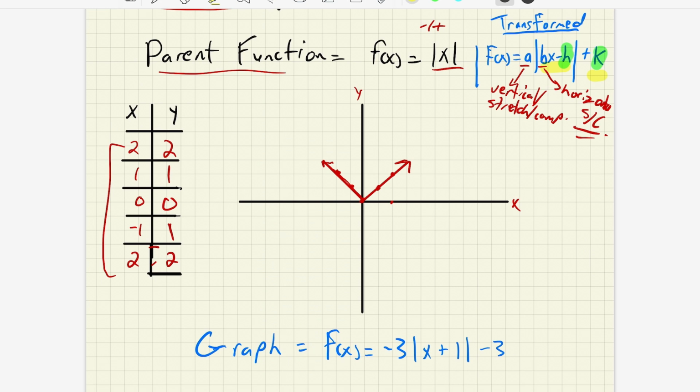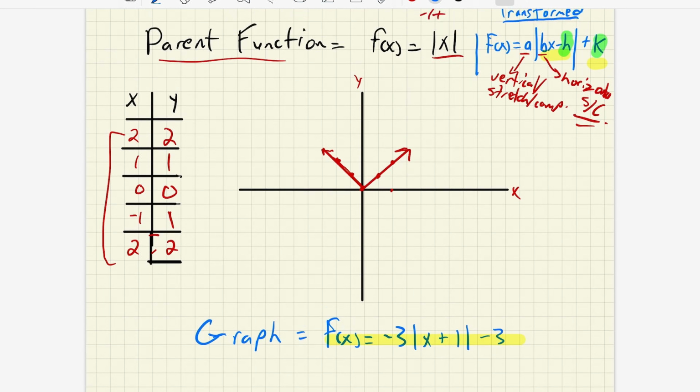So, bearing all this in mind, we want to graph the function f at x is equal to -3 times the absolute value of x plus 1, minus 3. Just like we see in the transformed algorithm, we're going to identify the a, b if there is one, h, and k. This here corresponds to your a, and because it's got a negative, we know that there is a reflection over the x-axis.